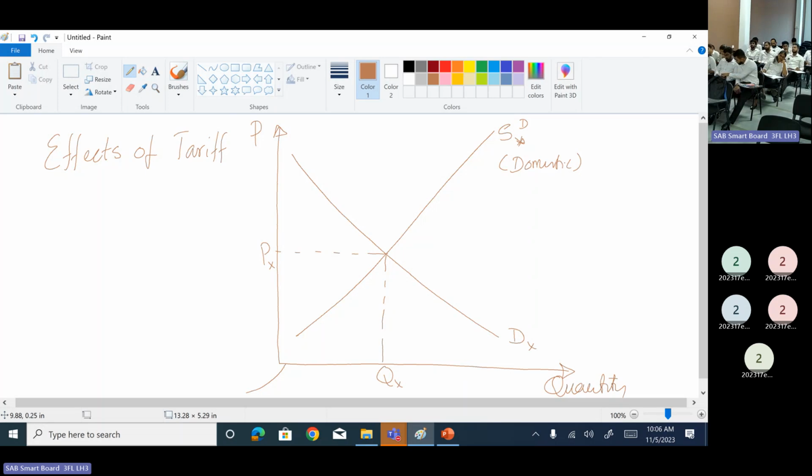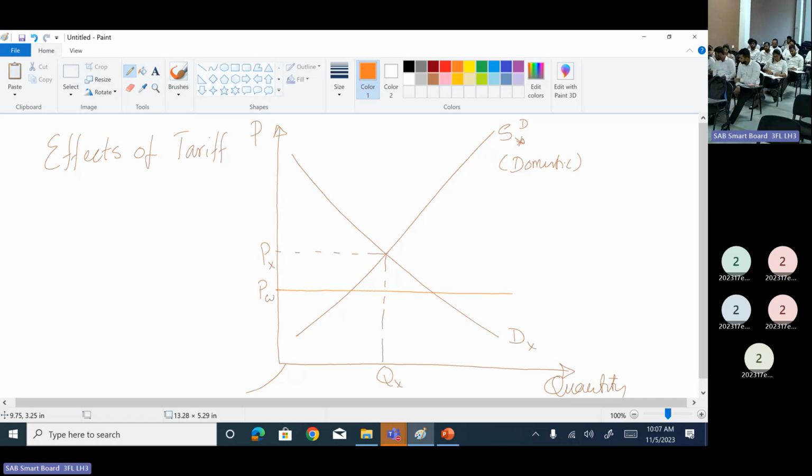Now this is PW, the world market price, which is below the domestic price, so we can import any amount, any quantity, at the prevailing world market price.